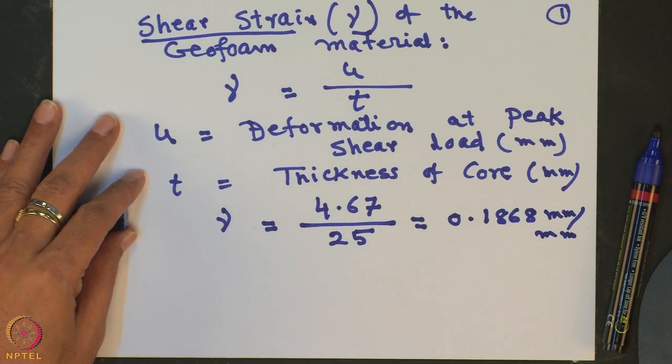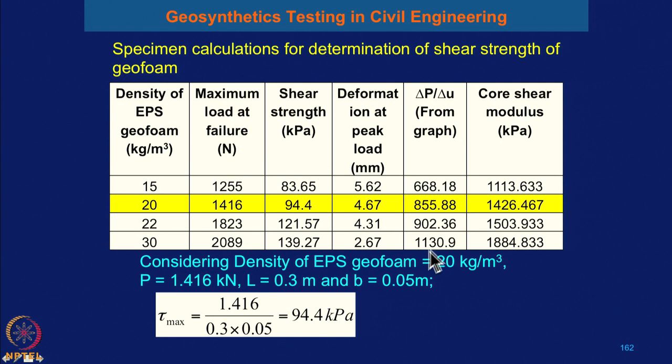So, you can see here from this table in the slides where I explained earlier. Here from these slides you can see that deformation at peak load is 4.67. Okay?